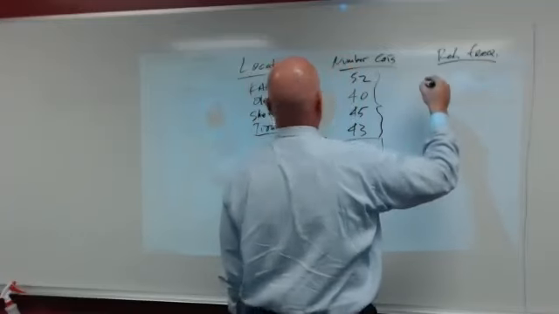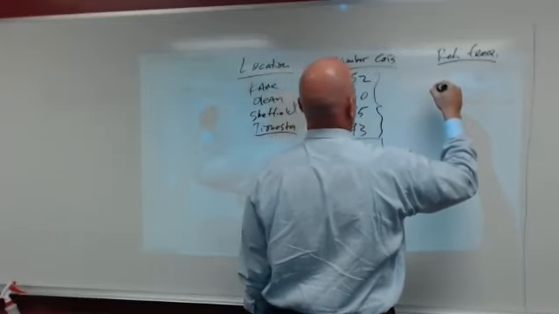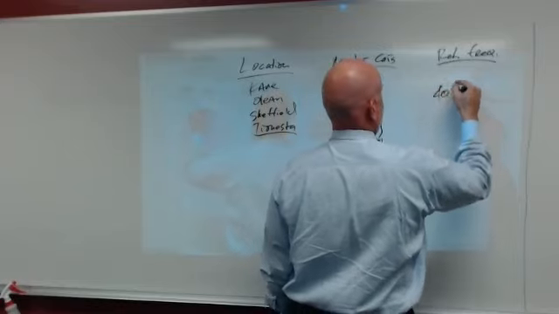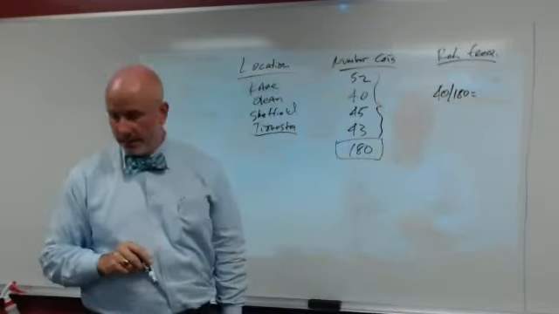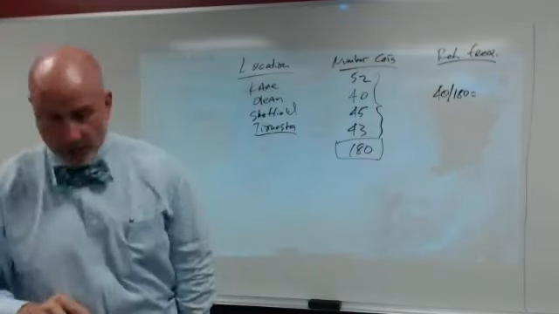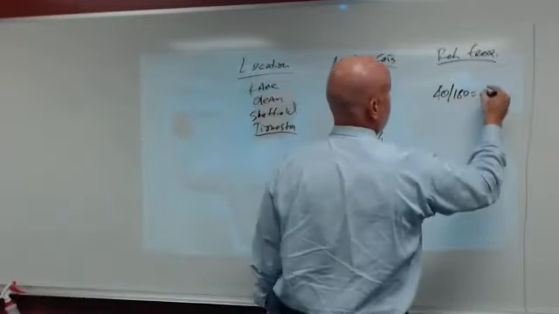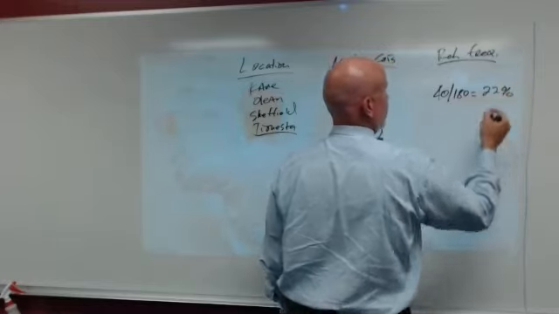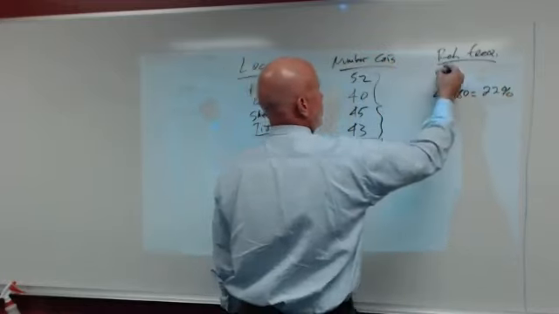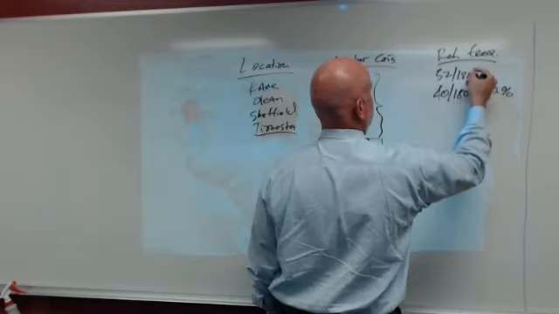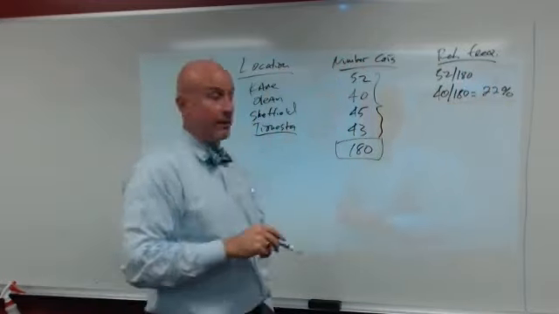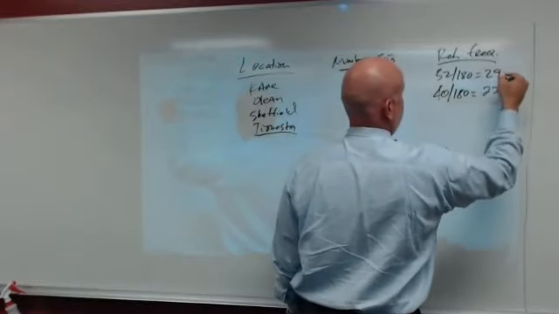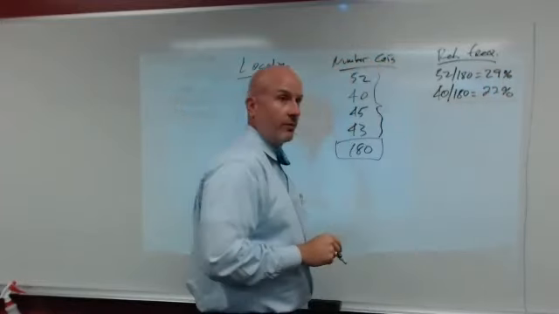You said Olean. How do you get it? 40 divided by 180. 40 divided by 180 is 22%. And for Kane, 52 divided by 180 is about 29%, approximately 29%, depending on how you're rounding.